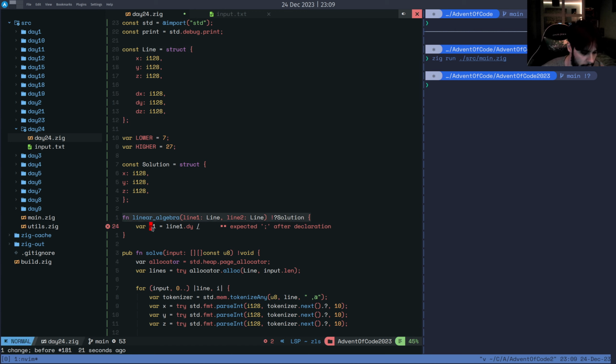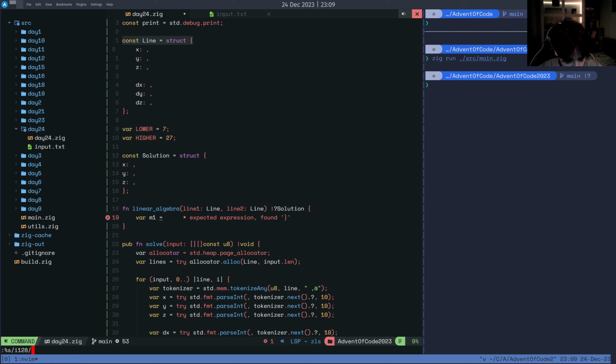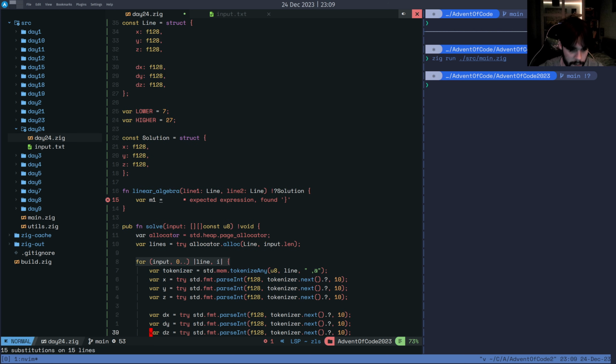And yeah, because these can be floating points, so int to, okay, let's do I128 go F128.